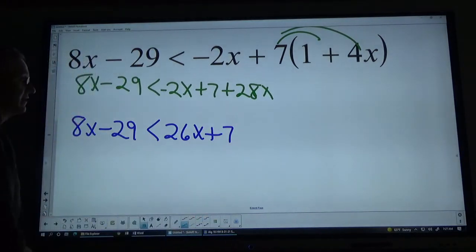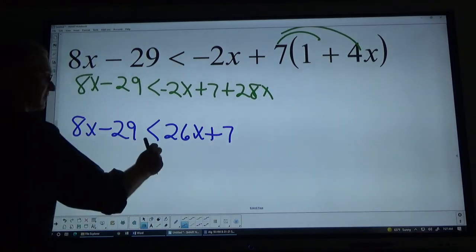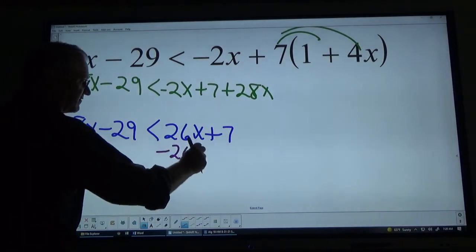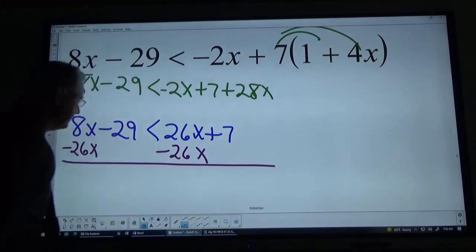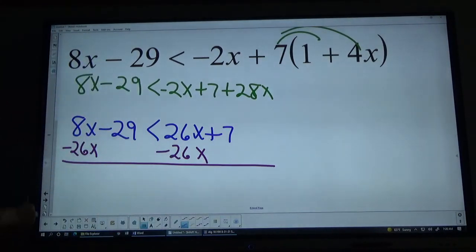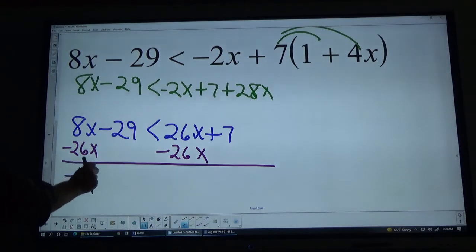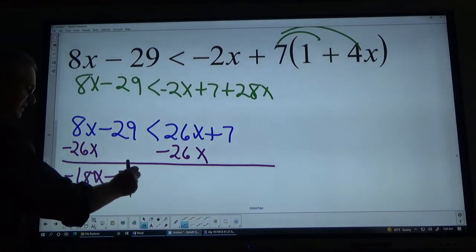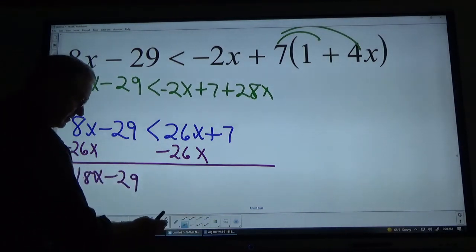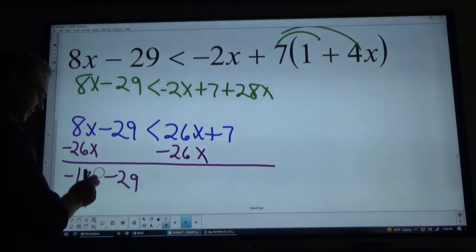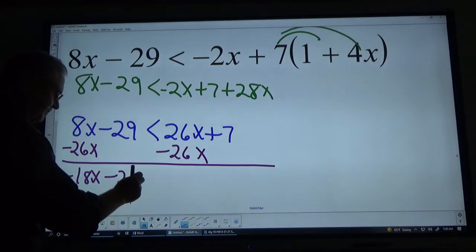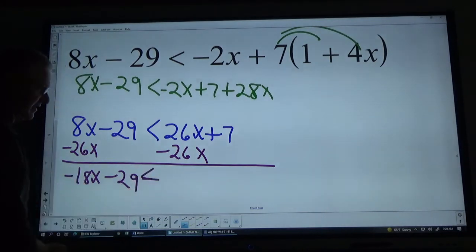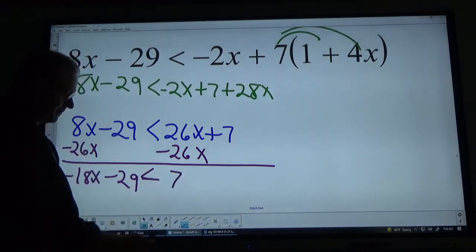All right, next thing I'm going to do is I'm going to get all the variables on the left. So I'm going to subtract 26x from both sides. 8 and negative 26 make negative 18x minus 29, less than 7.